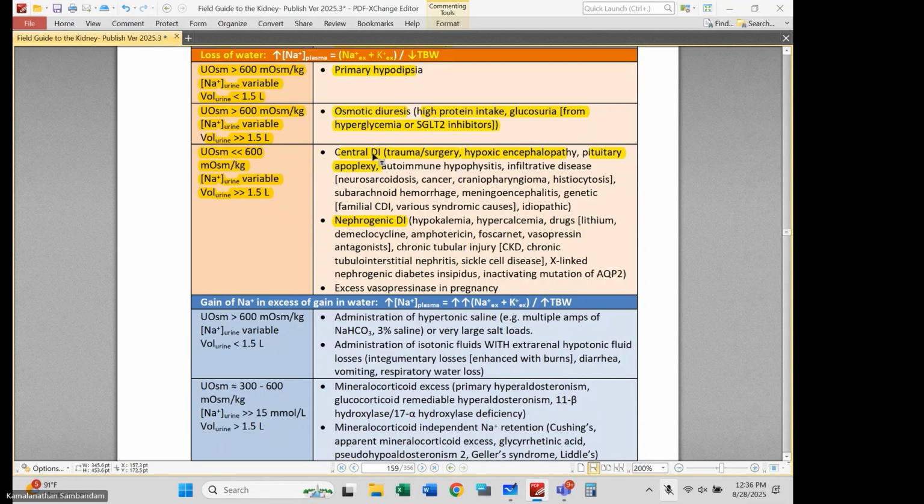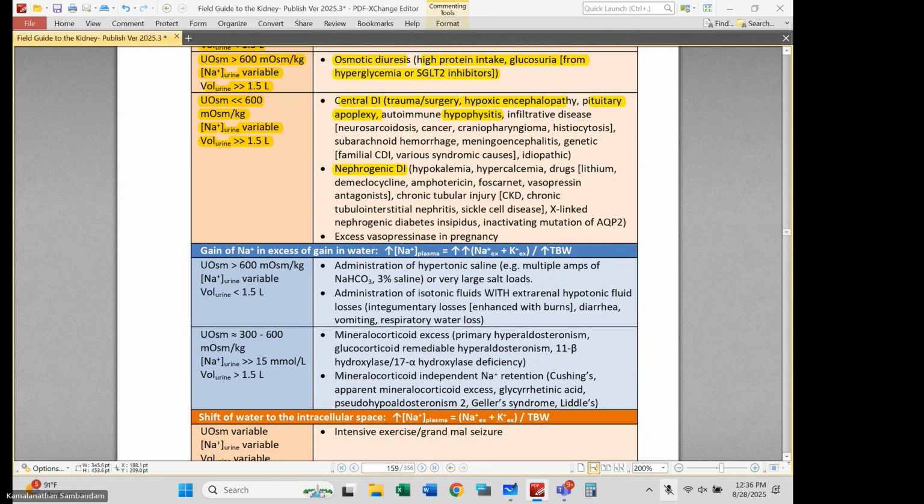Obviously, if you have a catastrophic injury to the pituitary, you can have central DI. This is becoming more common actually, patients getting checkpoint inhibitors are sometimes getting this diffuse pituitary insufficiency, hypophysitis, okay, resulting from checkpoint inhibitors, resulting in hypothyroidism, glucocorticoid deficiency, as well as vasopressin deficiency or central DI.